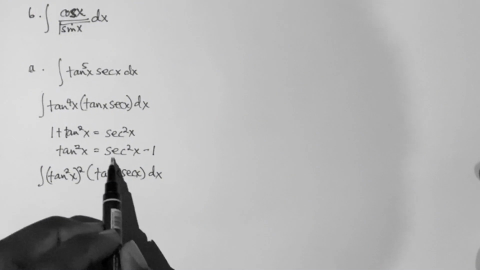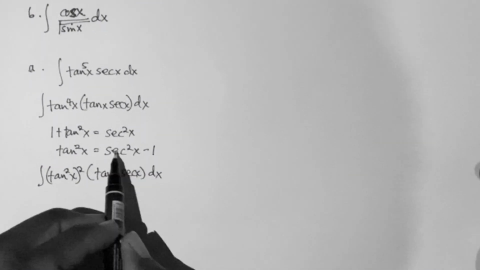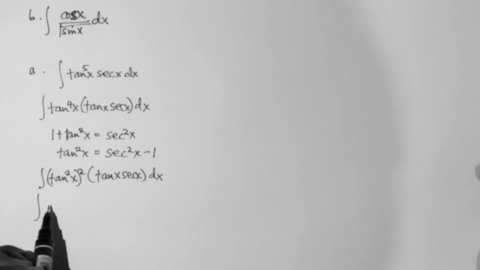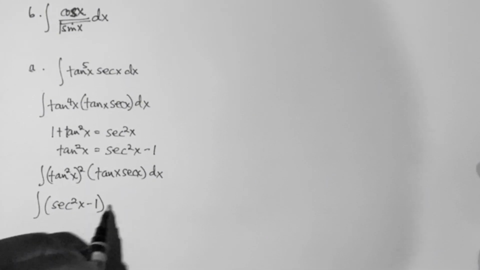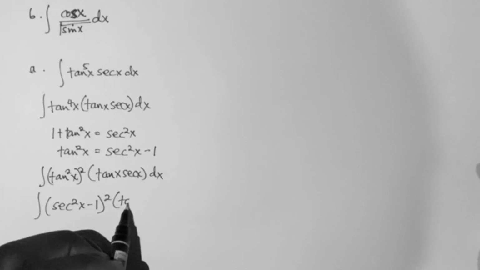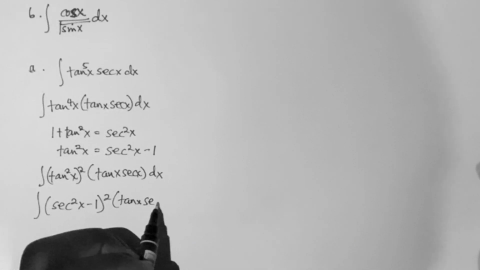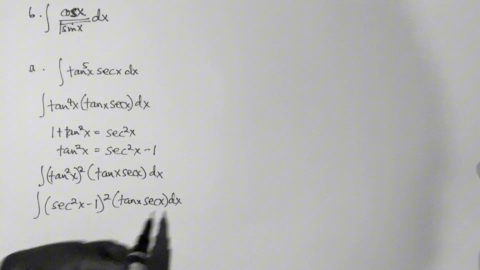So now let's replace this tan squared x with all of this. So this becomes integral of, in brackets, sec squared x minus 1 all squared times tan x sec x dx.